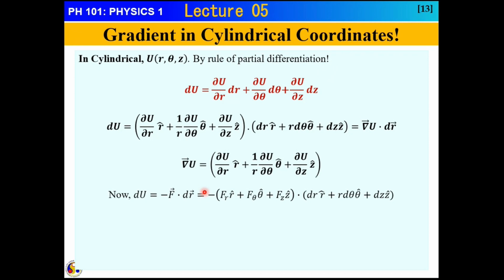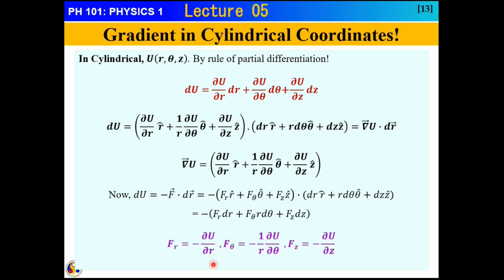Again, the procedure is similar, and then we can find the force along r direction at a given point, which is the rate of change of the potential energy with respect to r.